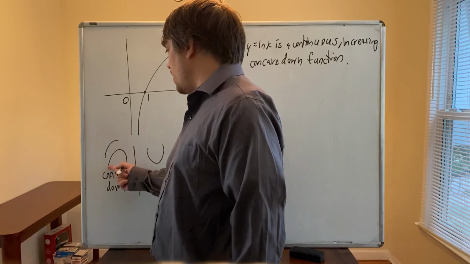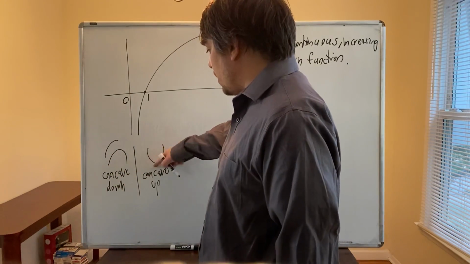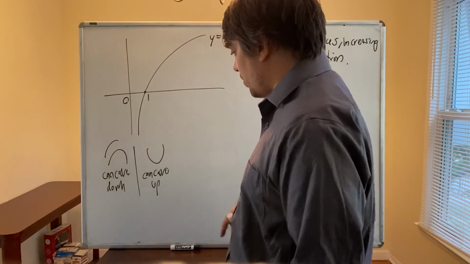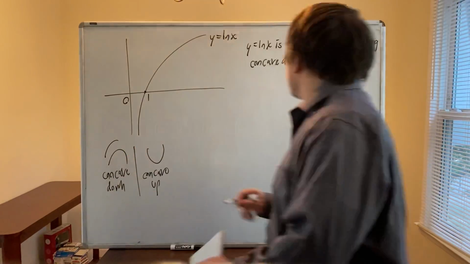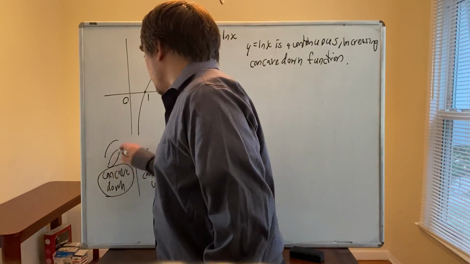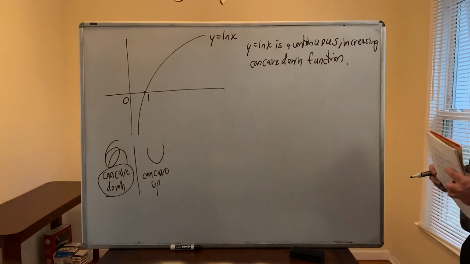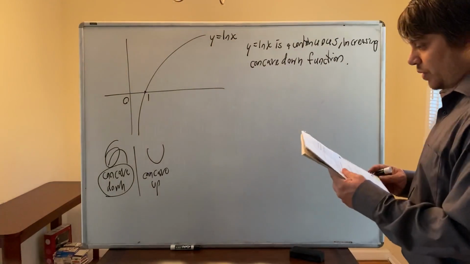The left side is increasing concave down, the right side is decreasing concave down. This is decreasing concave up, that's increasing concave up. Okay. So our graph is concave down, and it looks like that part. Okay, so y equals ln x is a continuous increasing concave down function.